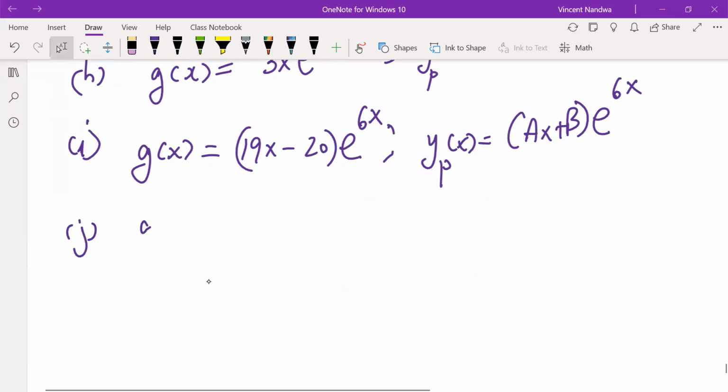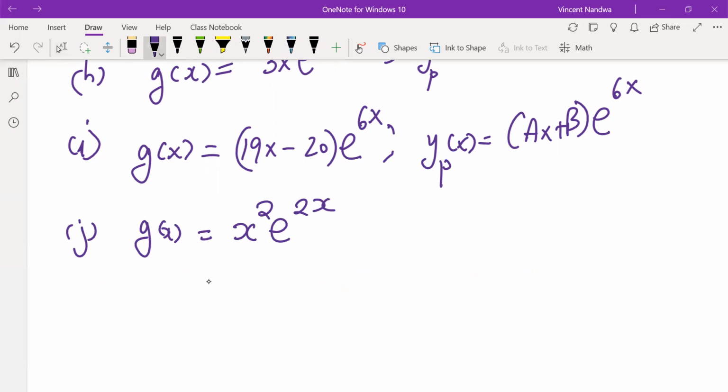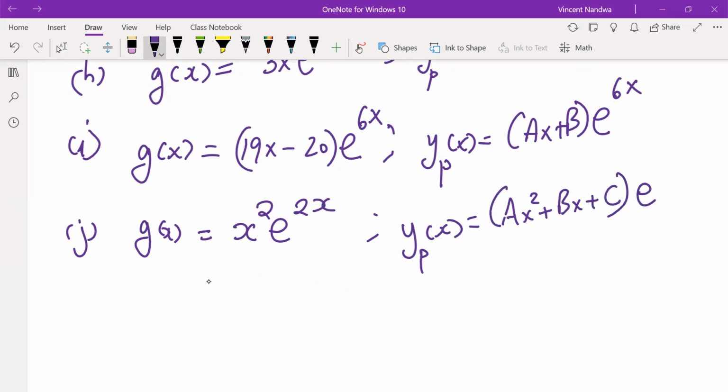J, g of x given by x squared e raised power 2x. So this is a product of polynomial and exponential, but this polynomial has highest power 2, so it's quadratic. So therefore the yp will be quadratic. We write it in general form and then multiply by e raised power 2x.